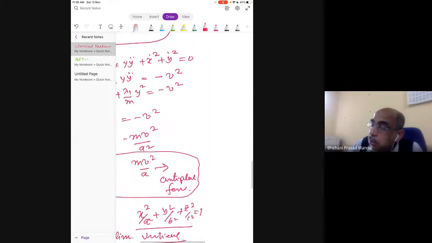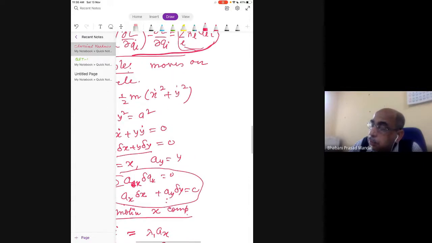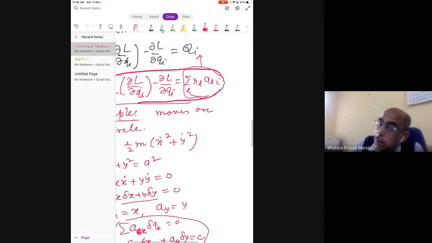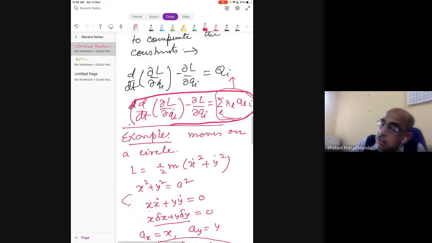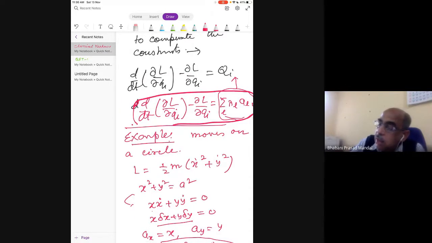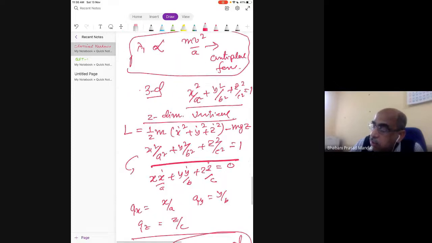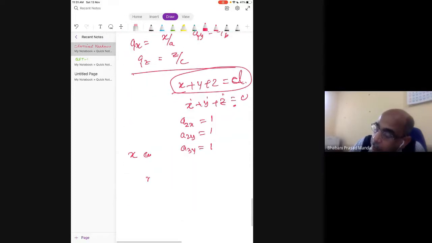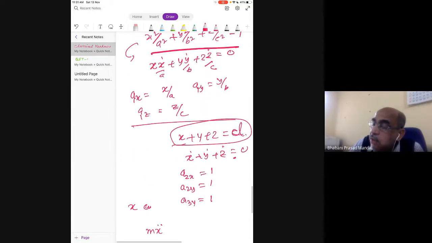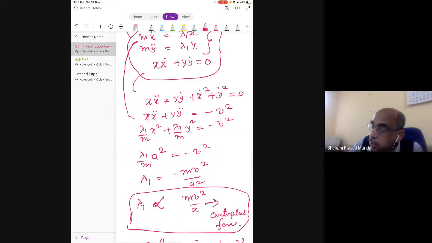Go back to this equation. First del L del x dot and d/dt. If I differentiate x dot, the first term will be m x double dot. Then there is no x term in the potential, so it will be 0.